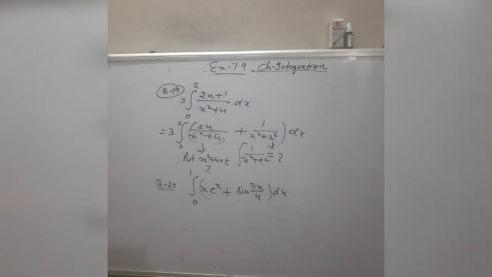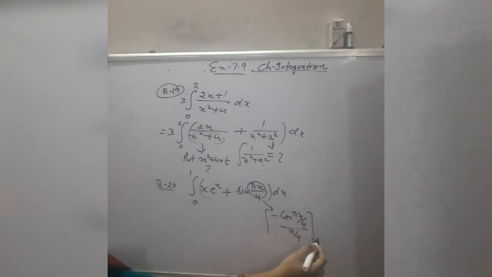This second part is very simple. Sin pi x by 4, very easily you can find the integration of this. The integration of sin pi x by 4 is minus cos pi x by 4, and the derivative of pi x by 4 is pi by 4, so divide it by pi by 4. So this is the integration of this second term, with upper limit and lower limit.